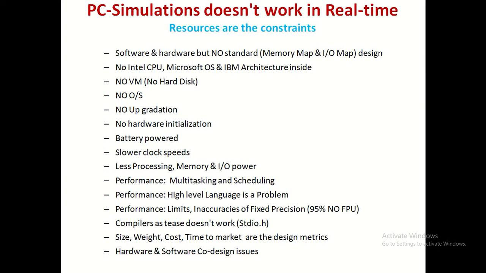Because of that, compilers which we use in a computer for simulations don't work as is in my application specific systems, because the system is designed, the user interface is designed as per the application. So you have to once again rework on my input output devices. We all can understand, when it comes to computers, very rarely do we talk about size, weight, cost.